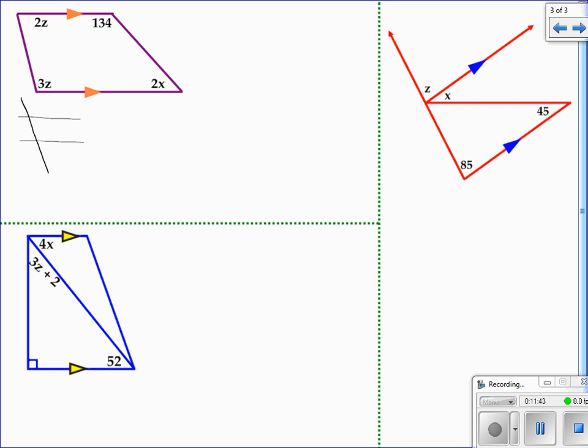So what two angles would I be filling in? What would I write on them? Am I talking about 2Z? Am I talking about 134? Which angles would I draw in this picture?